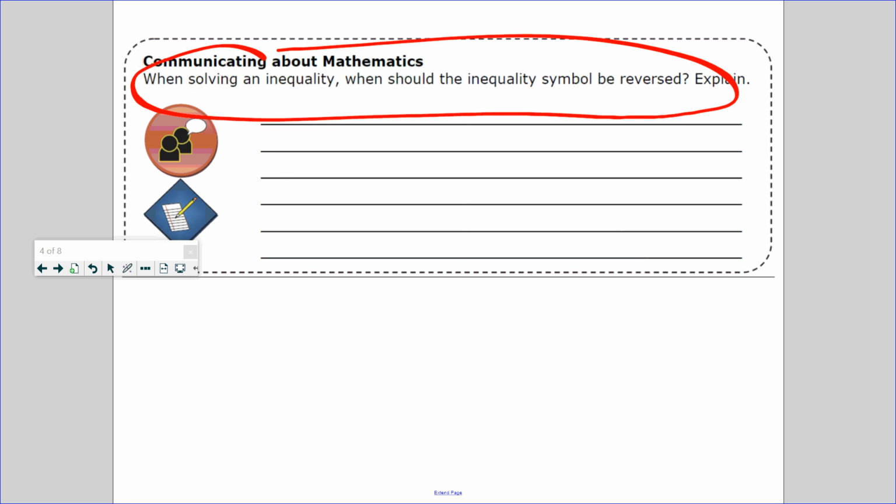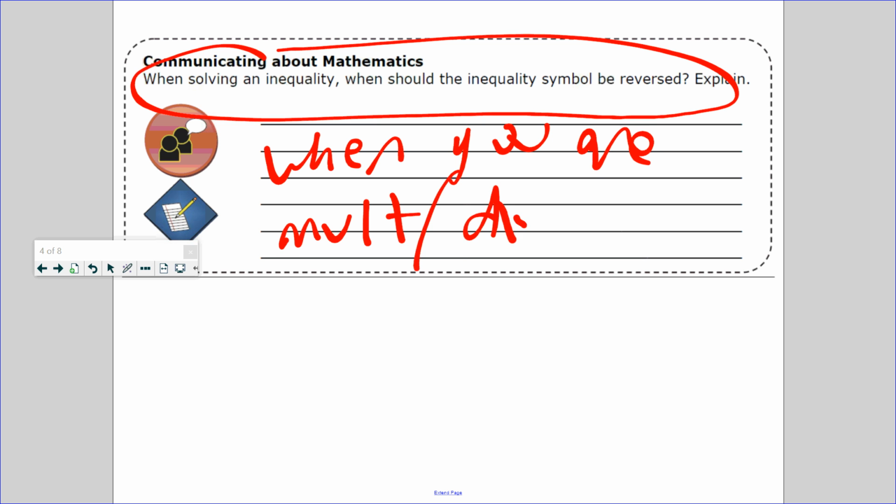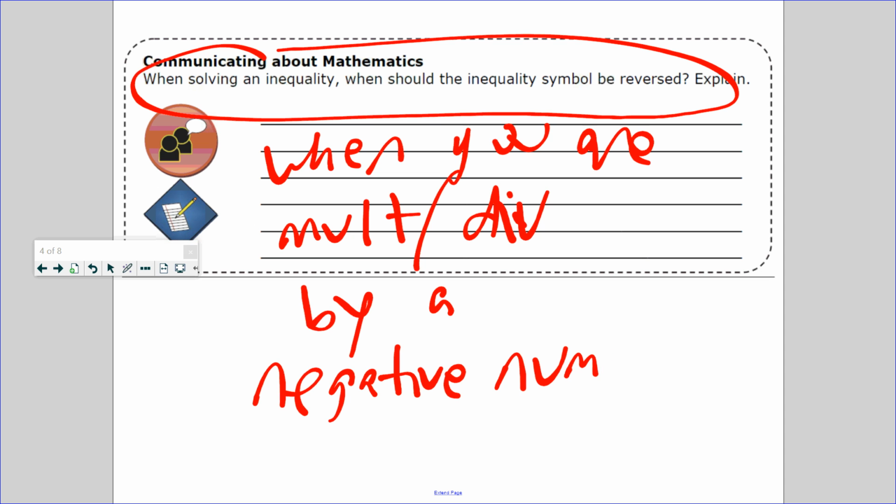It should be reversed when you are multiplying or dividing by a negative number. When you multiply or divide by a negative number, it reverses the sign to the opposite. So opposite of less than is greater than, opposite of greater than is less than.